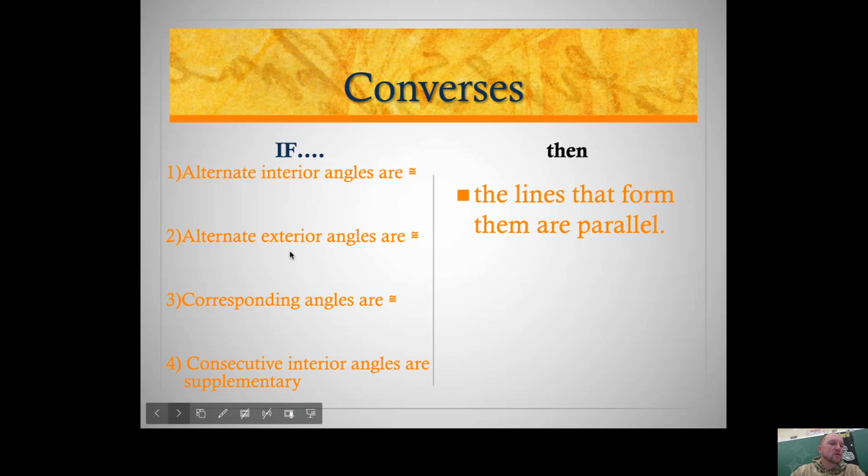If you have congruent alternate exterior angles, that means the lines are parallel. If you have congruent corresponding angles, then the lines are parallel. If you have consecutive interior angles that are supplementary, then the lines are parallel.